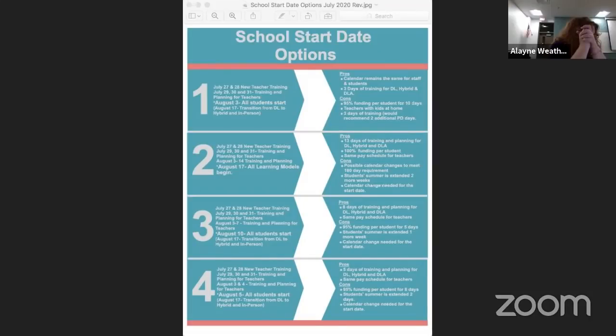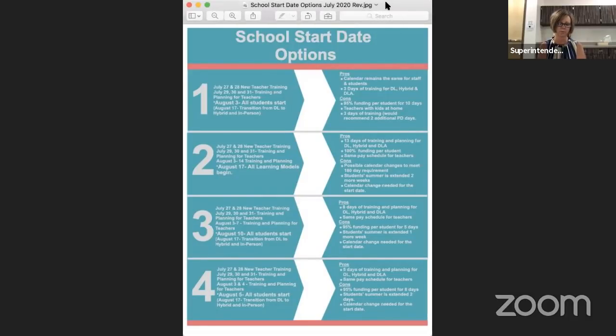The cons are that we have 10 days of that 95% funding that Wendy mentioned, because the governor has stated that we can't open for in-person until August 17th. Teachers with kids at home is something we are definitely working on and considering in any of these options. And only 3 days of training, so we would then recommend that we add 2 additional PD days outside of the contract to prepare them for their school year.